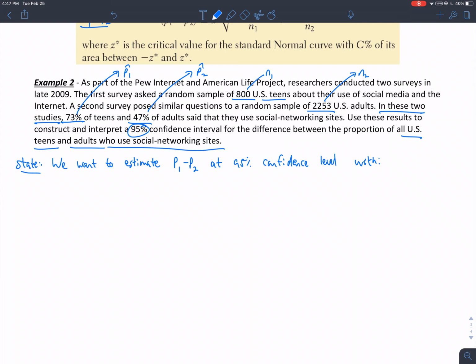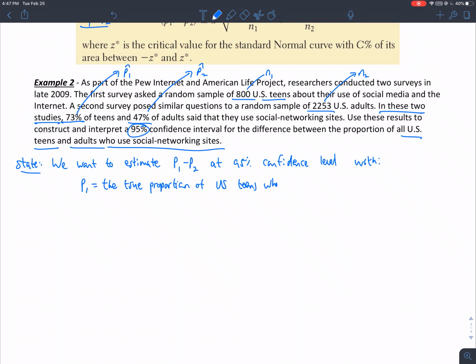Okay, so we have to define this. So we have to say where P1 is the true or population proportion of US teens who use social media. Not said, actually, sorry. Not said.